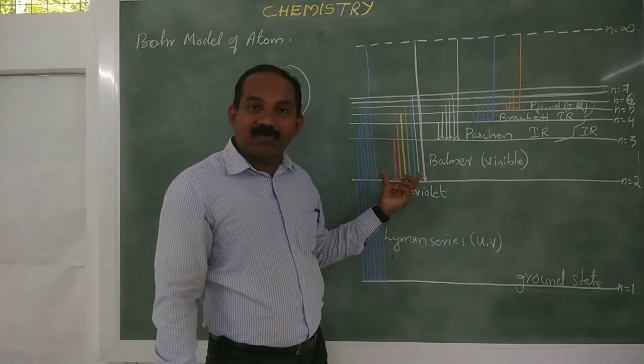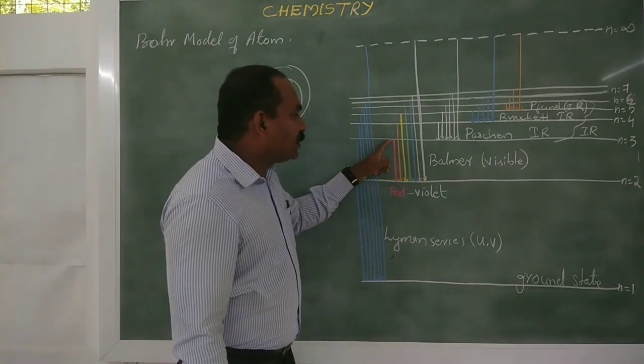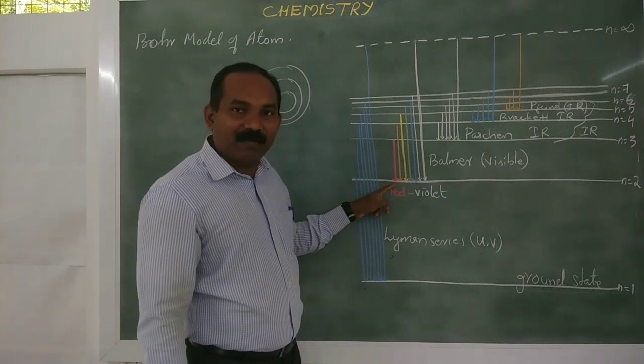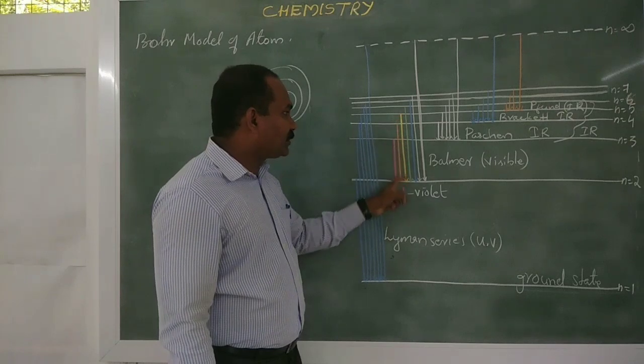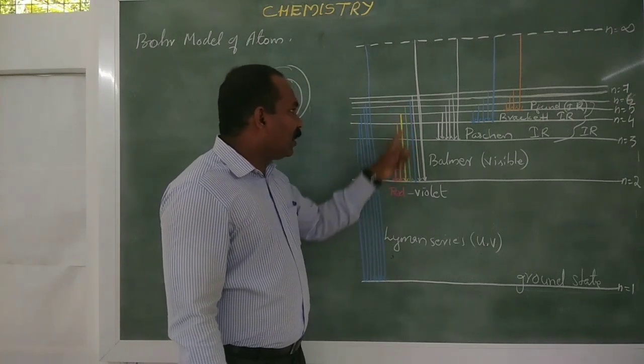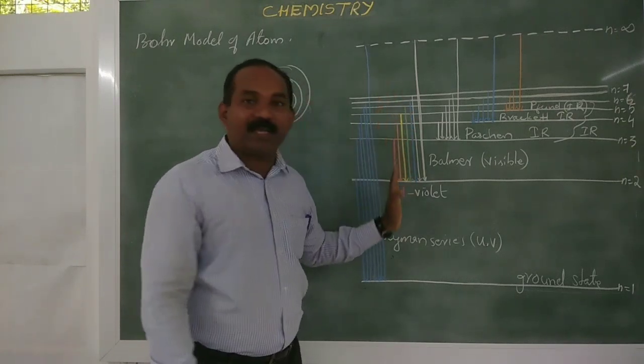In the second possibility, the electron in the third level comes back into the second level, the fourth level back into the second level, the fifth level to the second level, then sixth, seventh, eighth, etc.